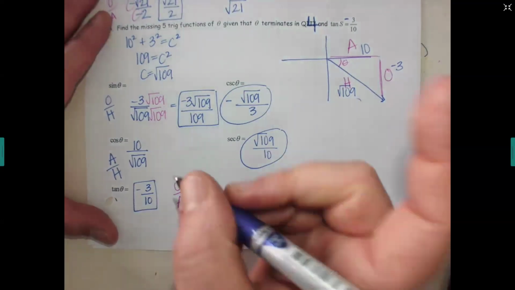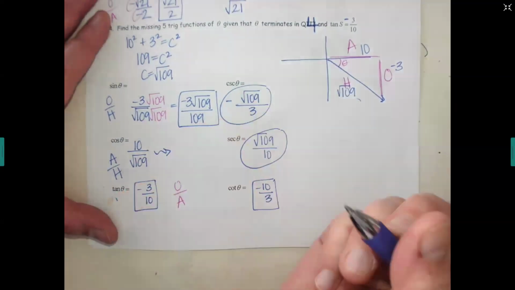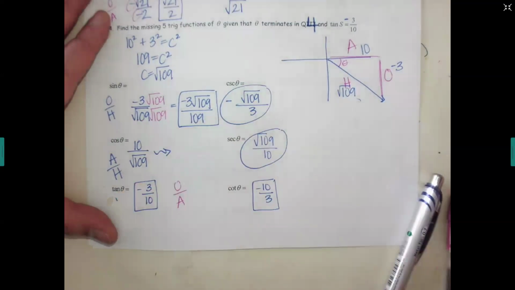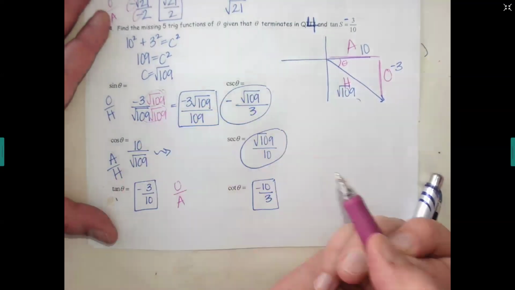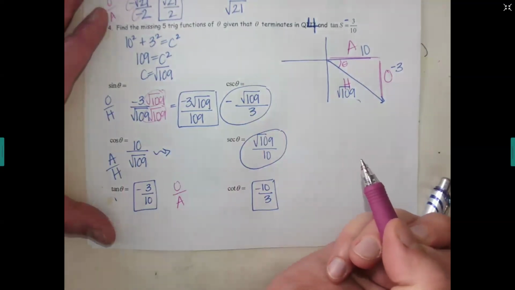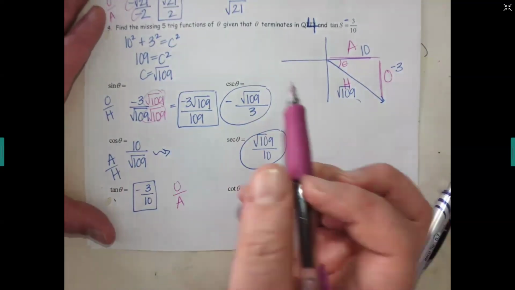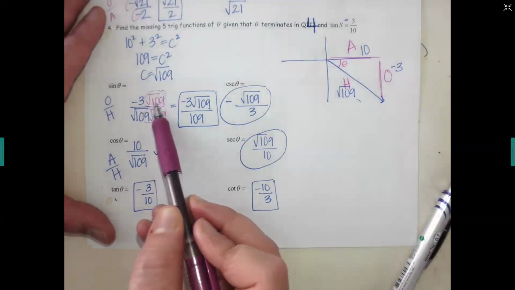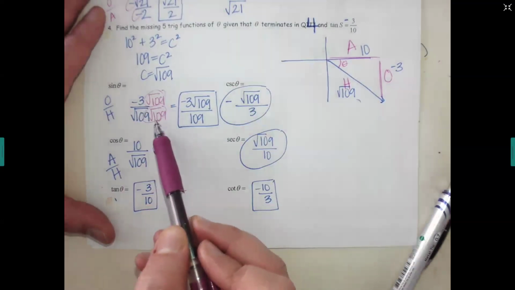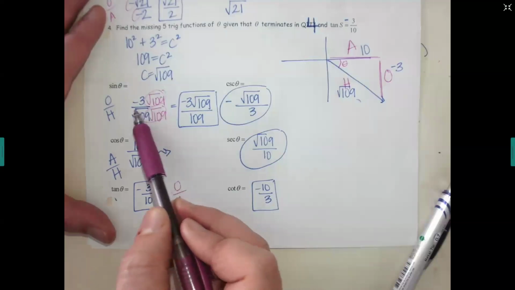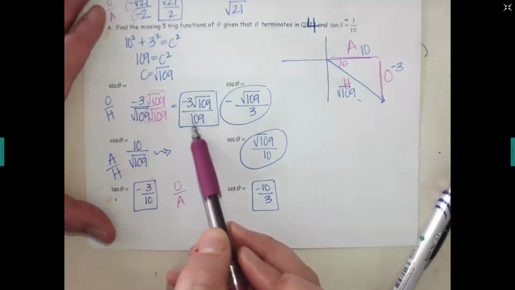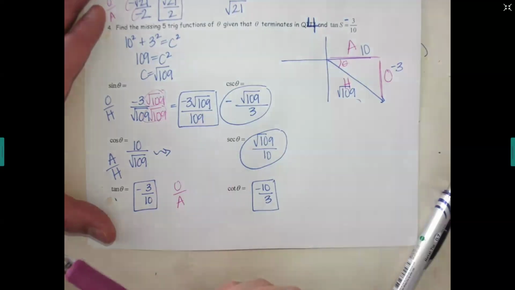So you put the root 109 top and bottom. And then what do you do? So then on the top now, it's a -3 root 109, and square root 109 times itself keeps just the number part.